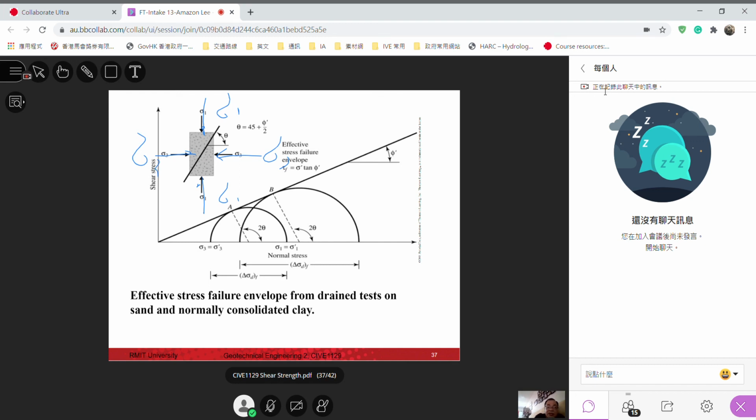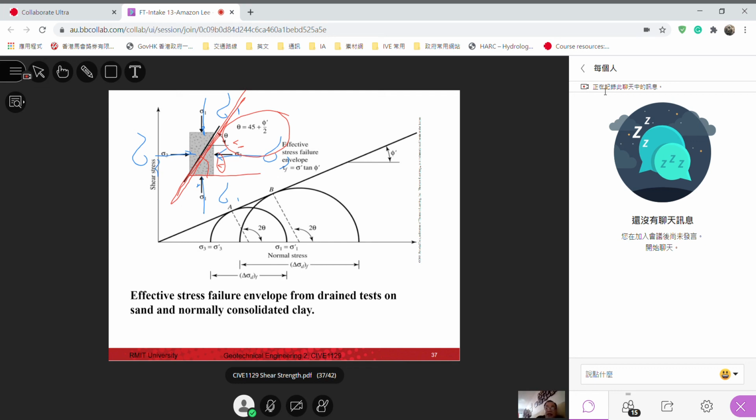You also will see that the potential failure plane makes an angle theta from the horizontal. So angle theta can be related to the angle of friction by this equation: theta is equal to 45 degrees plus phi, the angle of friction, divided by 2.